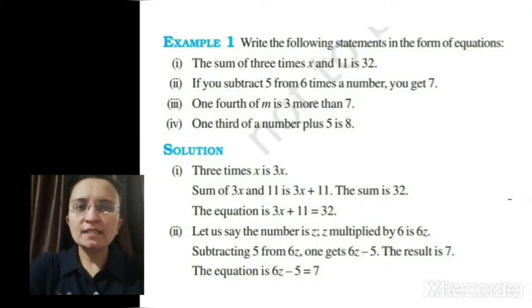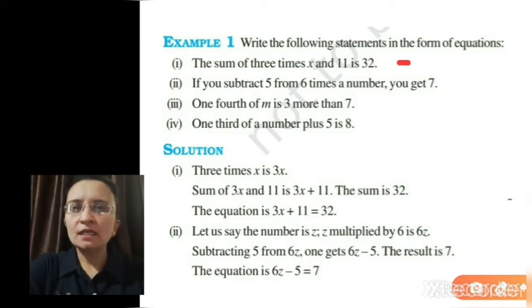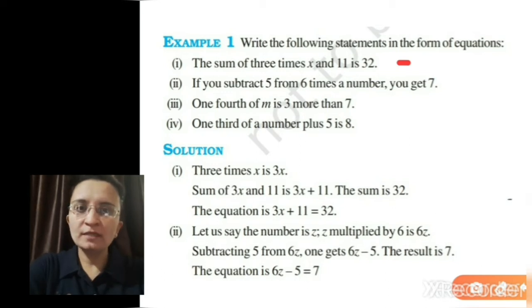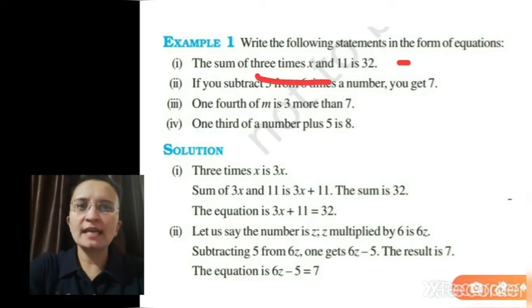Now let us understand how to form equation from the given statement. Here we have 4 examples. Let us learn how to form equations from these examples. Number 1: the sum of 3 times x and 11 is 32. How to form equation? Always take middle part first. Here what is the middle part of this statement? 3 times x.